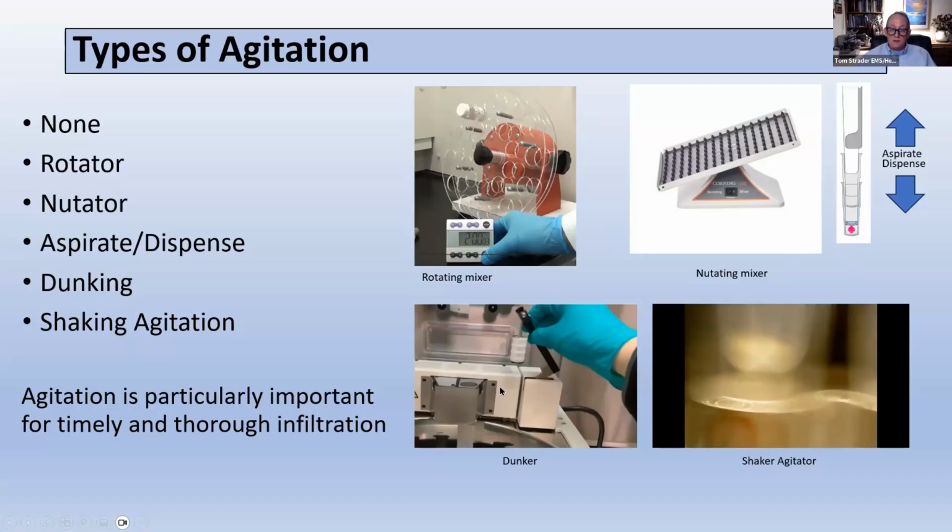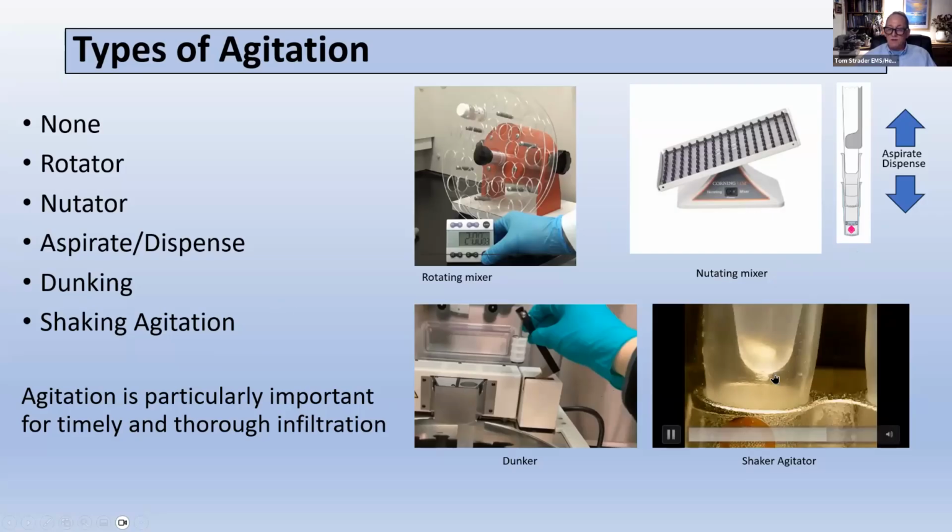If you're using one of the carousel type processors, we call that dunking, where you've got all your samples in this basket set up and that gets dunked in the reagents. And then on the PrepMaster, you have the shaker agitator. It's particularly important with infiltration.